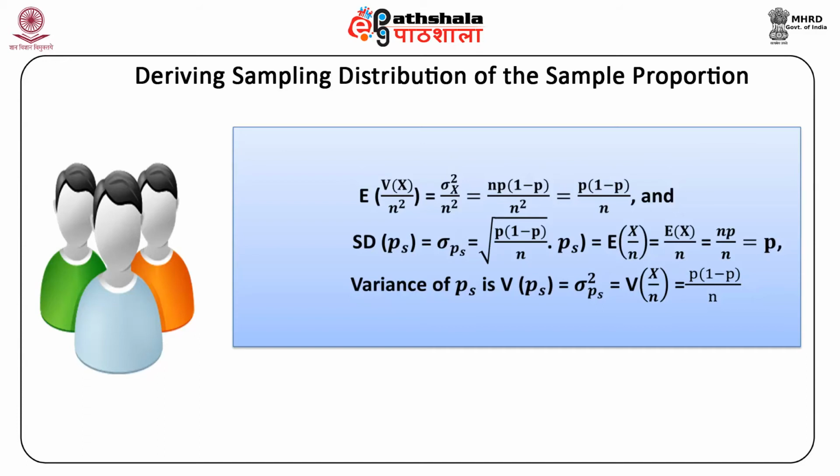Now the variance of ps, which is sigma square ps, can be written as the variance of x by n.